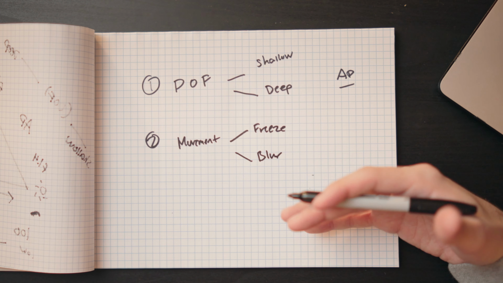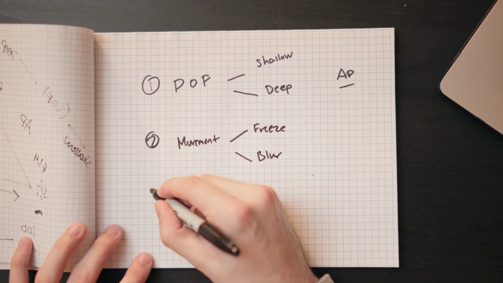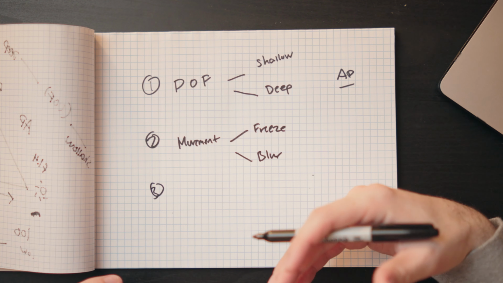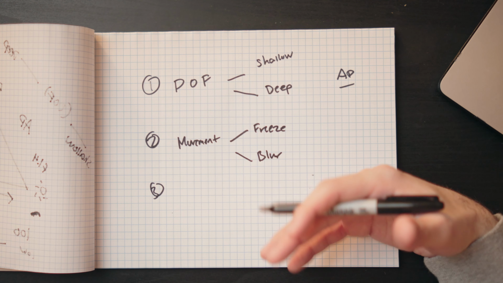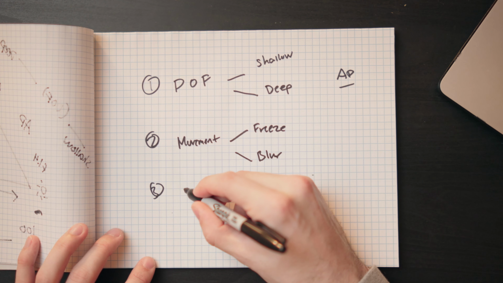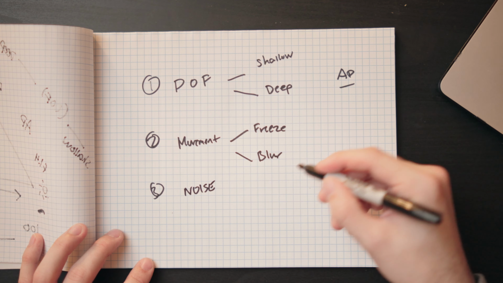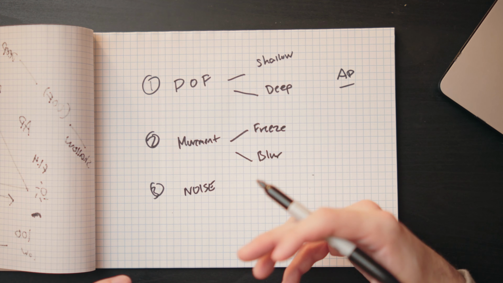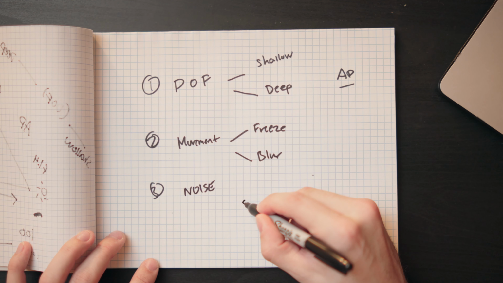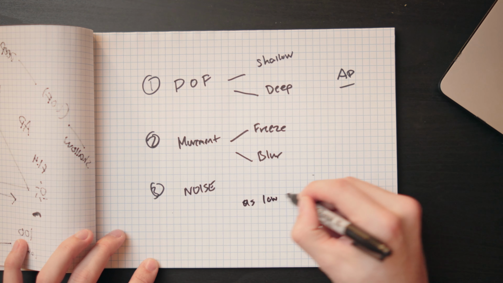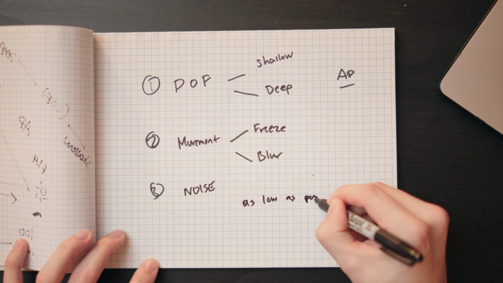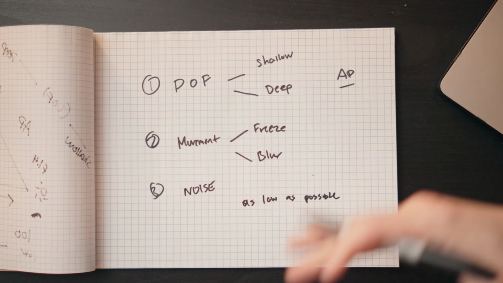And the reason I say there's only two questions is because the third would be, how much noise do I want in my image? And that's not even a question. We always want as little noise as possible. So ISO should be as low as possible. And that's where you always want to think.